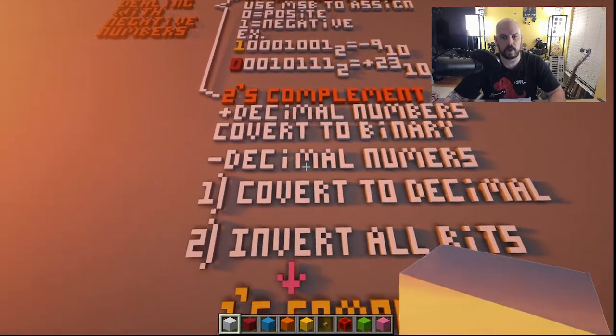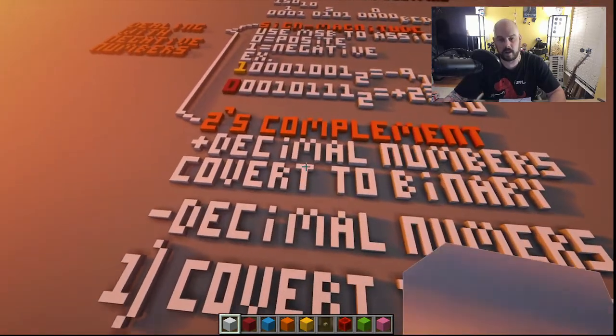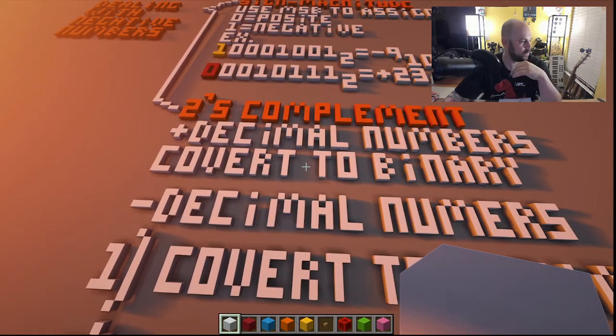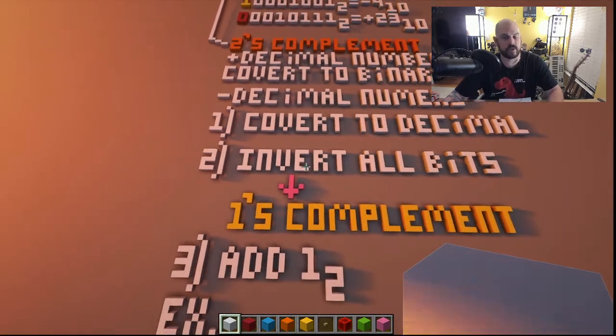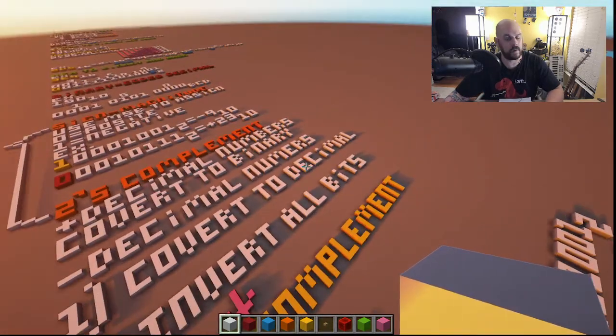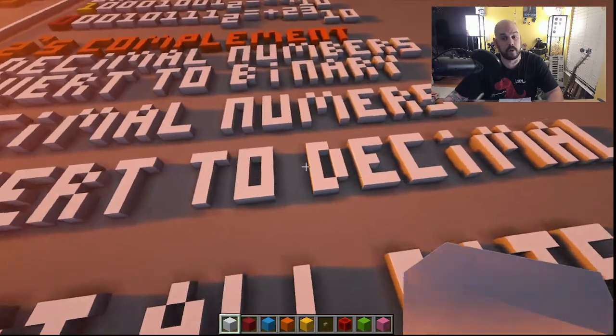If you have a positive decimal number, converting it to binary, you just straight convert it to binary. You don't have to worry about anything. But if it's a negative decimal number, first what you have to do is convert that. I should have said convert to binary, not convert to decimal. So you're going to convert that decimal number to binary.